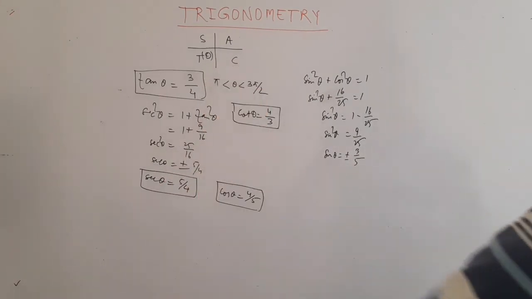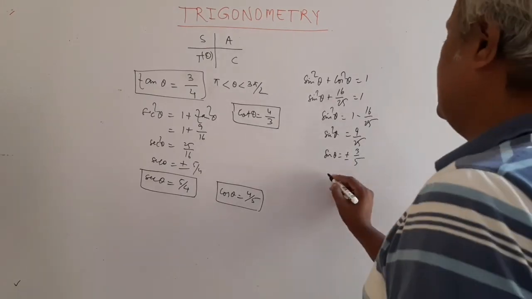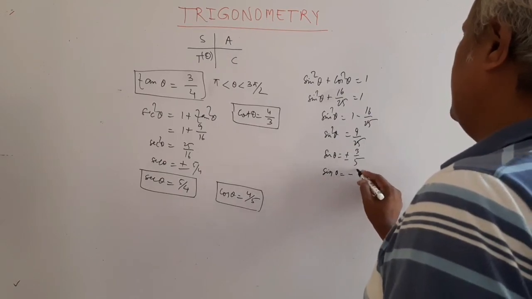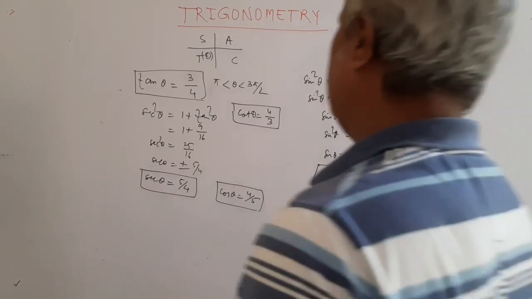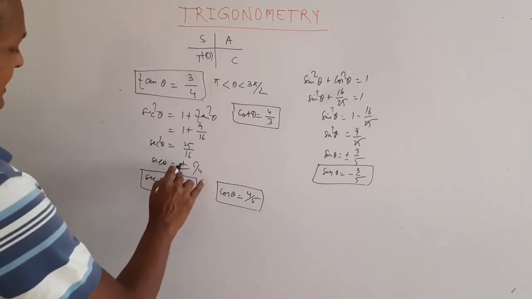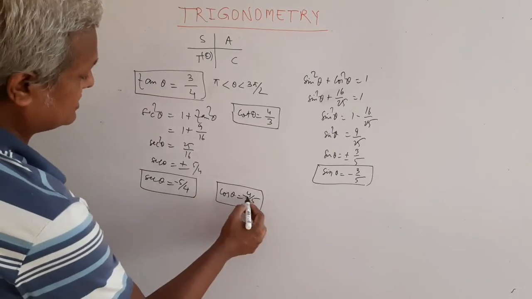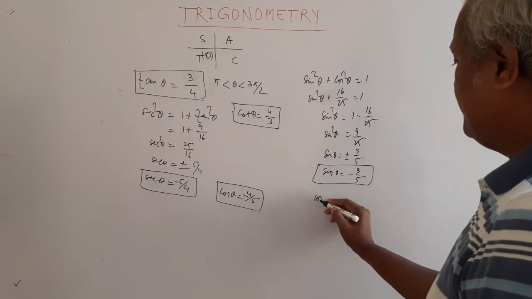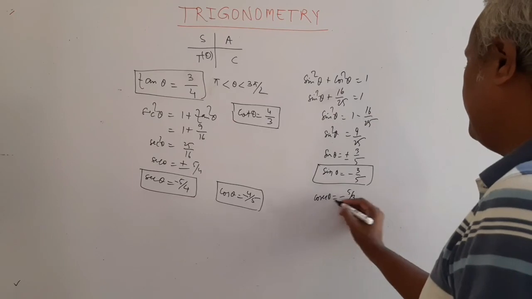Now in the third quadrant we'll reject the positive one and accept only the negative: sine theta is minus 3 by 5. Now I made a silly mistake here. Tan is only positive, so instead of discarding the negative one for sec, we should have discarded the positive one. Same way here, cosec theta is the reciprocal of this, minus 5 by 3.